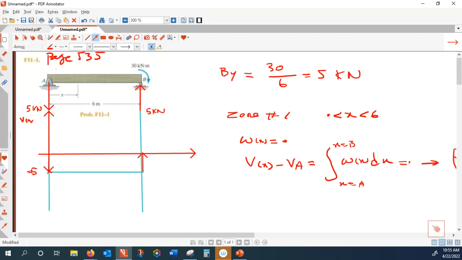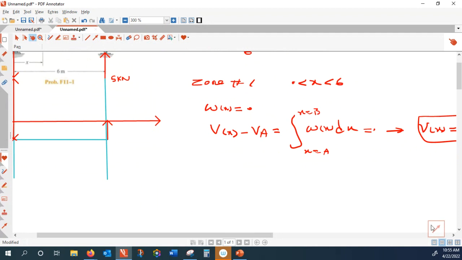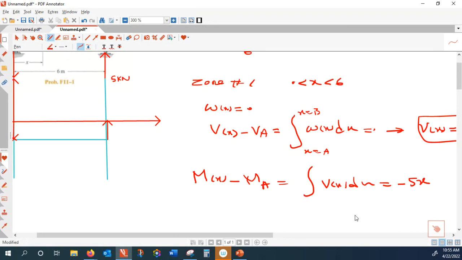All right, the next thing is we want to write an expression for bending moment. So for bending moment, the formula is M of x minus M of A is the integral of V of x dx between the same bounds. And here, because this is -5, that is equal to -5x.